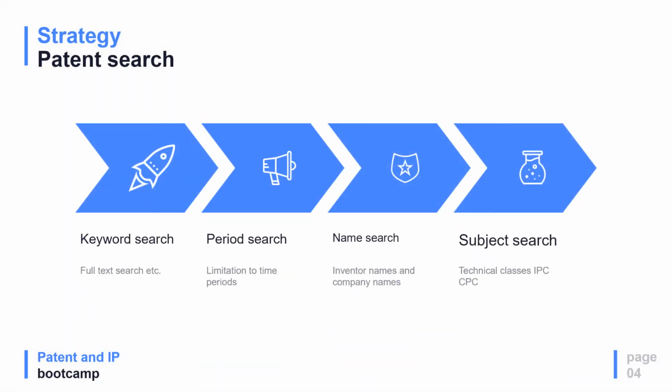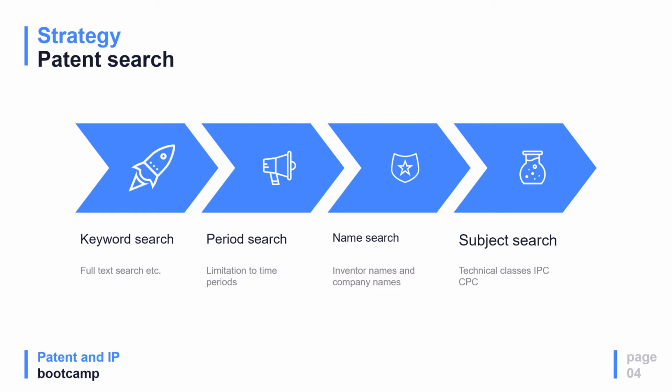You should have a strategy before you start with your patent search, because there are a lot of different ways you can search for patent documents. For example, you have to decide if you want to do a full text search or search other parts of a document. Then you can also limit your search with periods of time. Here it helps to understand something about patents in general to limit the periods of time.